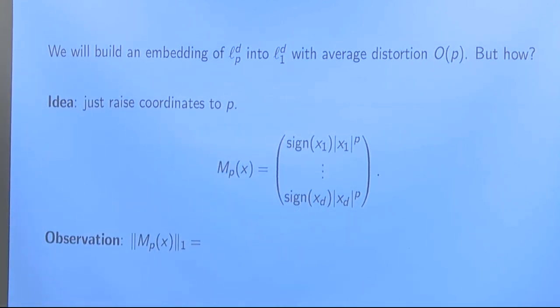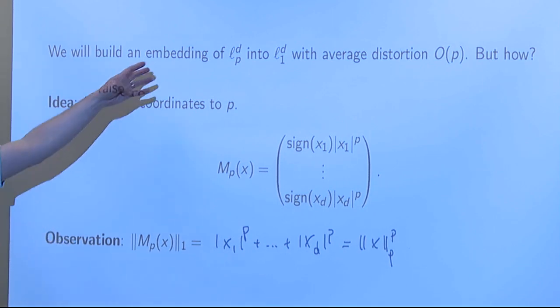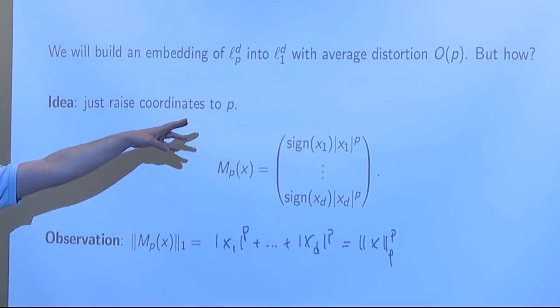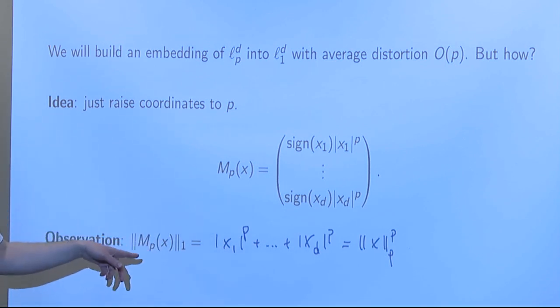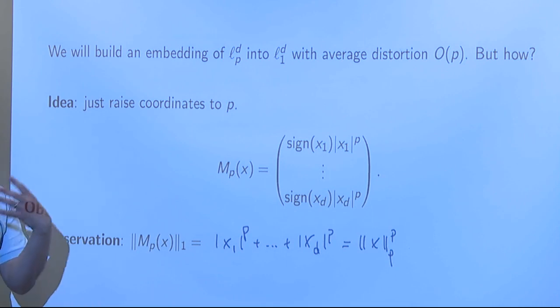So this is just x1 to the p plus and so on plus xd to the p, and this is just the LP norm to the power p. Good. So in particular, this is a map that takes the unit sphere of LP and maps it to the unit sphere of L1, because if x has LP norm 1, then M of x would also have L1 norm 1.